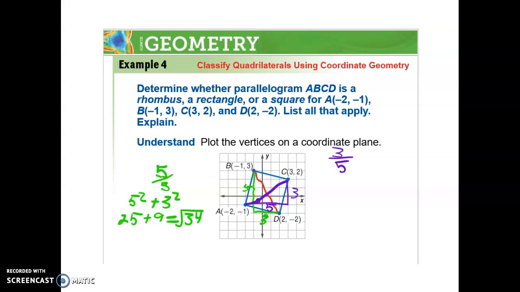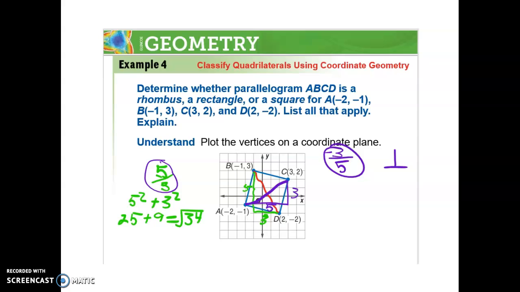And since we went down, that's going to be negative. Now remember, in order for them to be perpendicular, this goes back from last semester, this is 5/3, and this is negative 3/5. If they're opposite reciprocals of each other, that means they are perpendicular to each other.